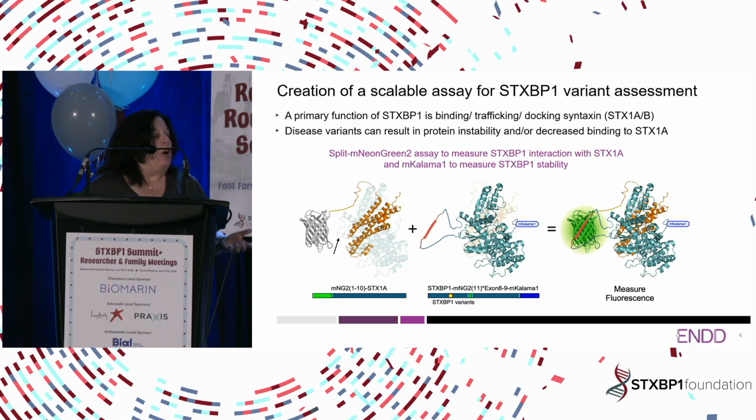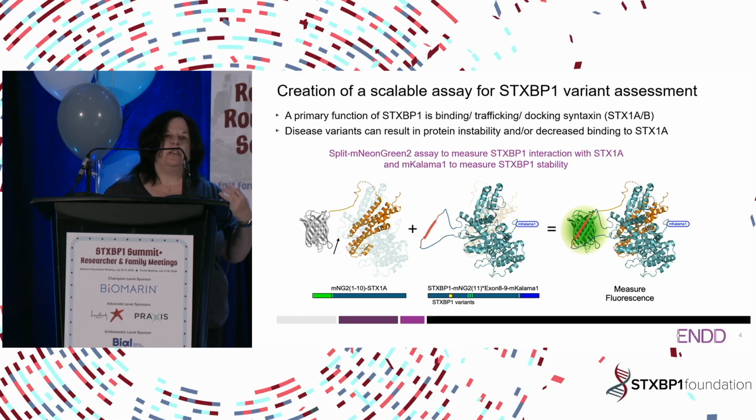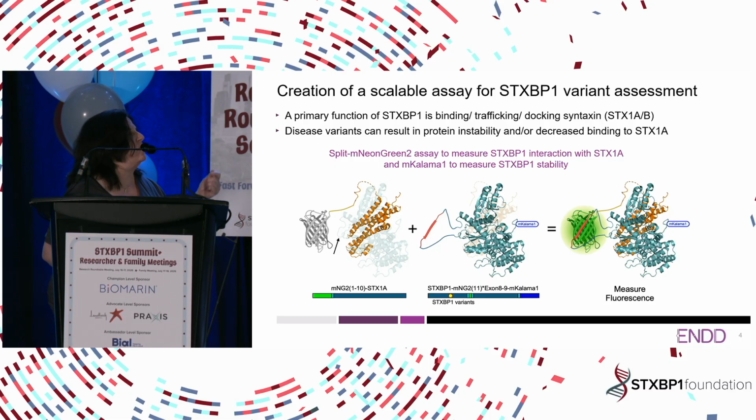So I created a split neon green assay where the first 10 beta sheets of split neon green are attached to the N-terminus of syntaxin. And then in the center, here we've highlighted STXBP1, where I've attached the 11th beta sheet of neon green. So when syntaxin and STXBP1 come into interaction, it completes neon green and will fluoresce green.